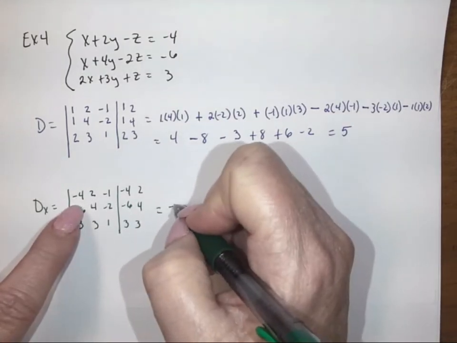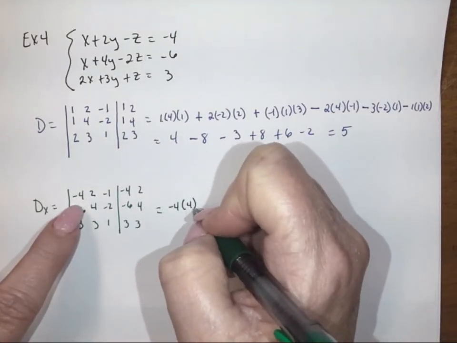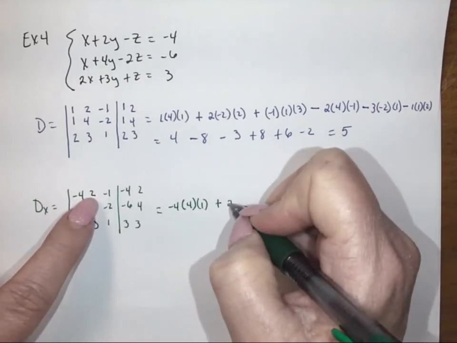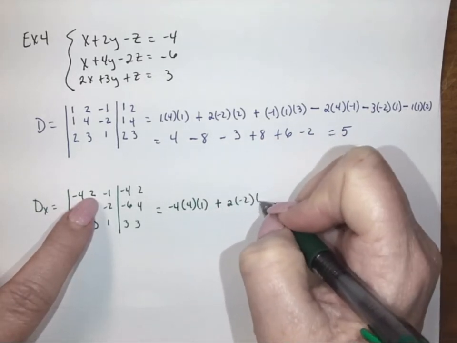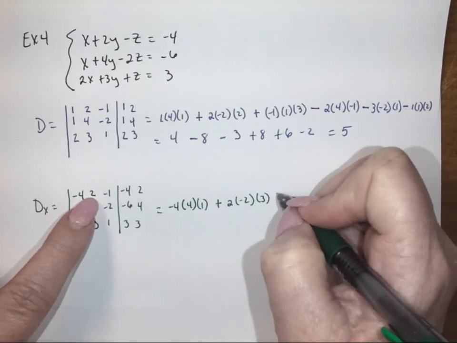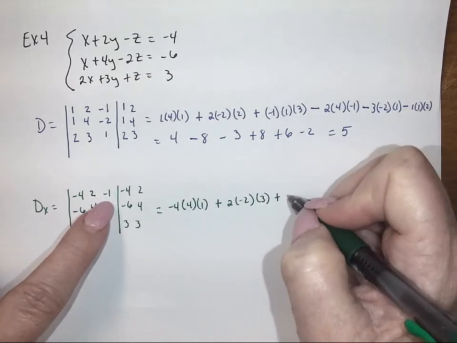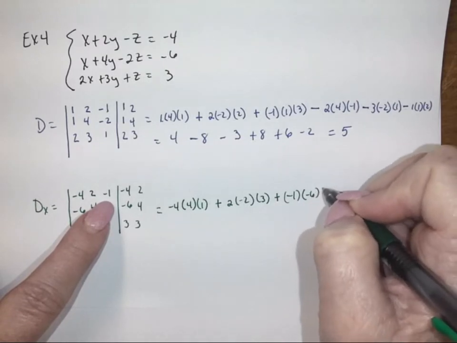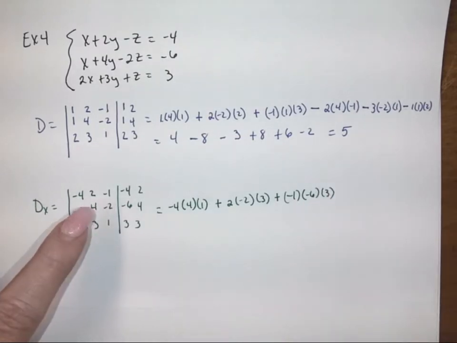So we're going to have negative 4 times 1 plus 2 times negative 2 times 3 plus negative 1 times negative 6 times 3.